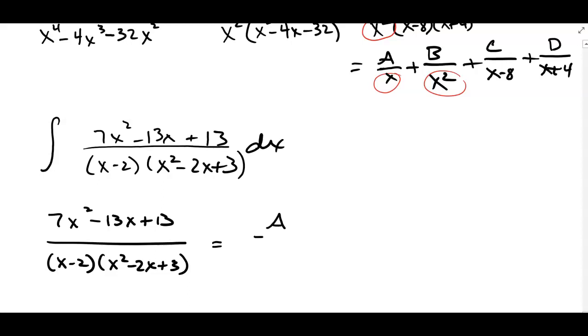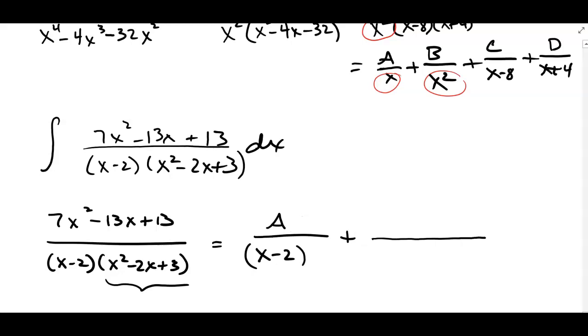So your first factor's fine, x minus 2. But notice your second factor is an x squared term. So when we have an x term, we don't have an x in the numerator. If this is x to the first, then the x up here is technically x to the 0, so we don't write it.